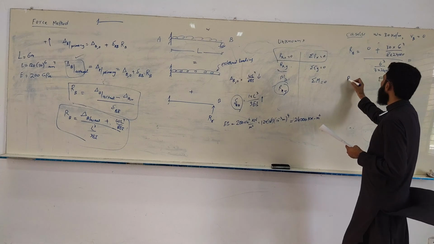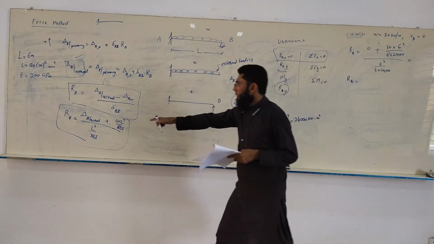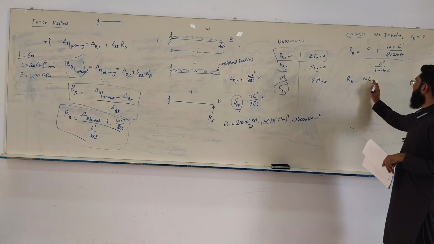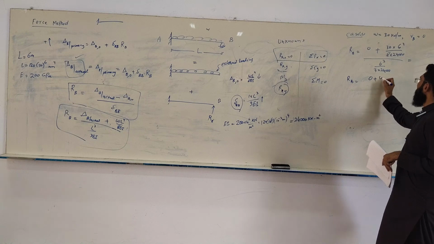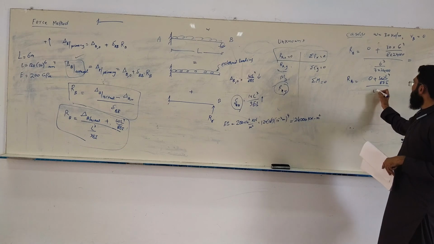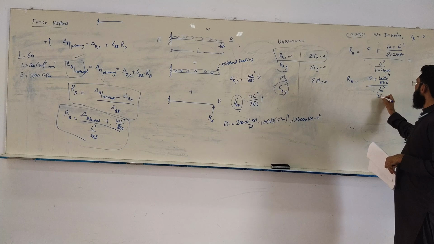So one way of doing it would be you just put the value of delta B actual and you can simplify the rest like this. WL raised, so it is equal to 0 plus WL raised to the power 4 over 8 EI divided by L cube over 3 EI.